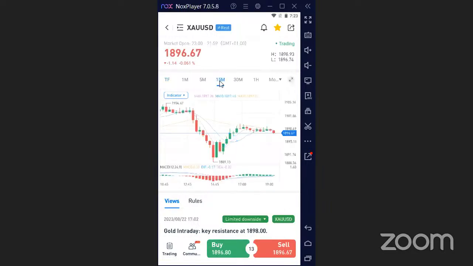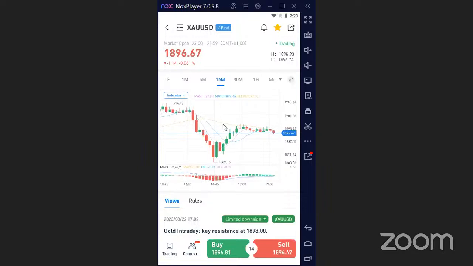Maybe you have something else to do, you are busy, and you don't have the time to sit down with the chart till it gets to that price. So you want to set a pending order. This pending order helps you so that you can leave your system and go do whatever you want. When the market gets to that price, it triggers and does what you wanted, either buy or sell.